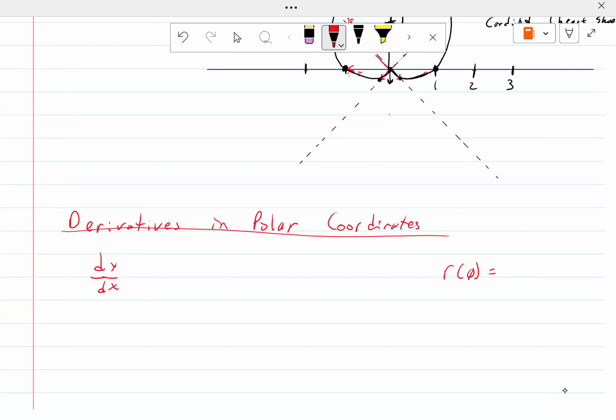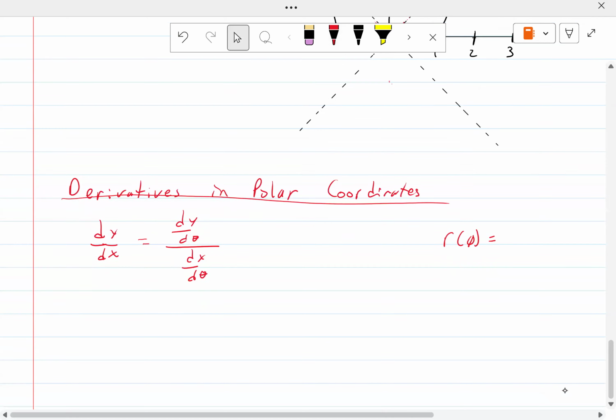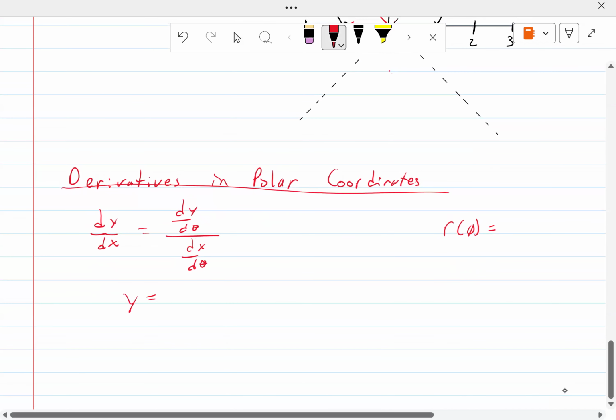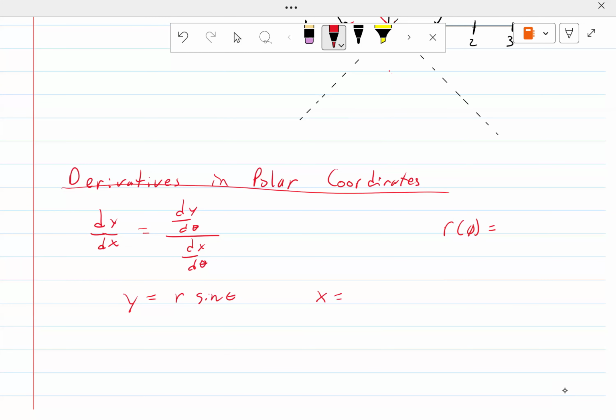So dy dx we can say is the same as dy d theta over dx d theta. Kind of very similar to what we did with the parametric equations, dy dt over dx dt. But now we know what these are. We could actually plug these in.